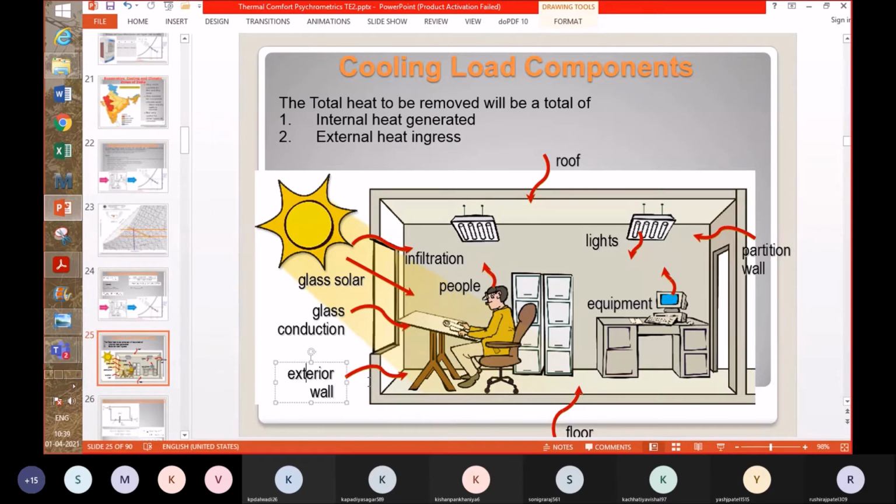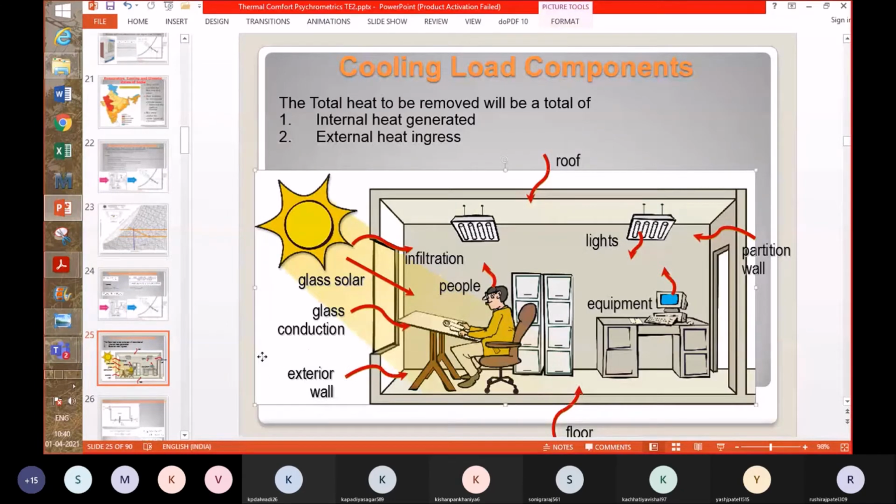Let's say this wall. Of course here it is shown that the major portion of that is covered by glass, but it is just to be able to show the heat coming from the glass also. But this area could be large, right? This exterior wall is the wall which separates your conditioned space from the outdoor.